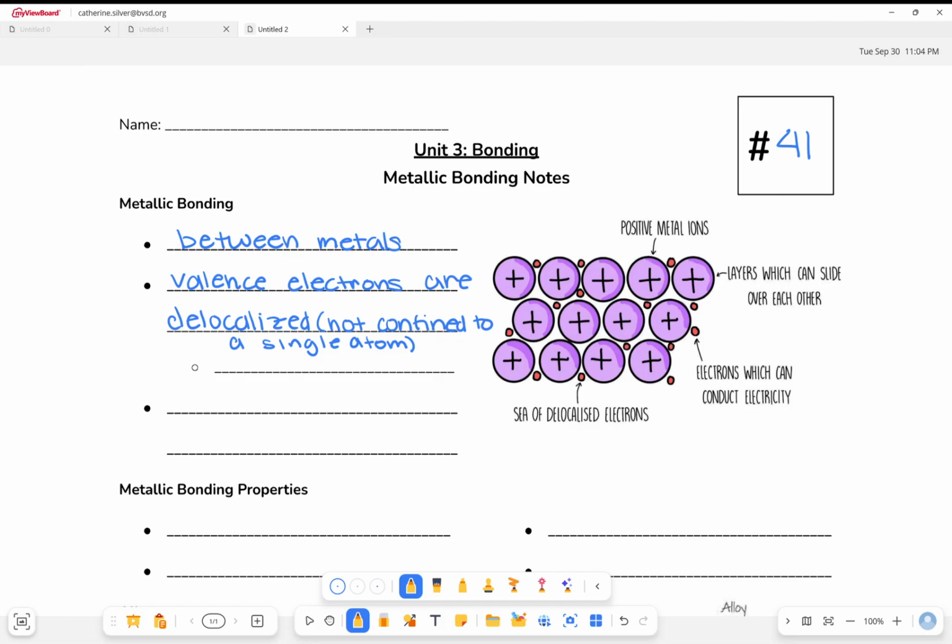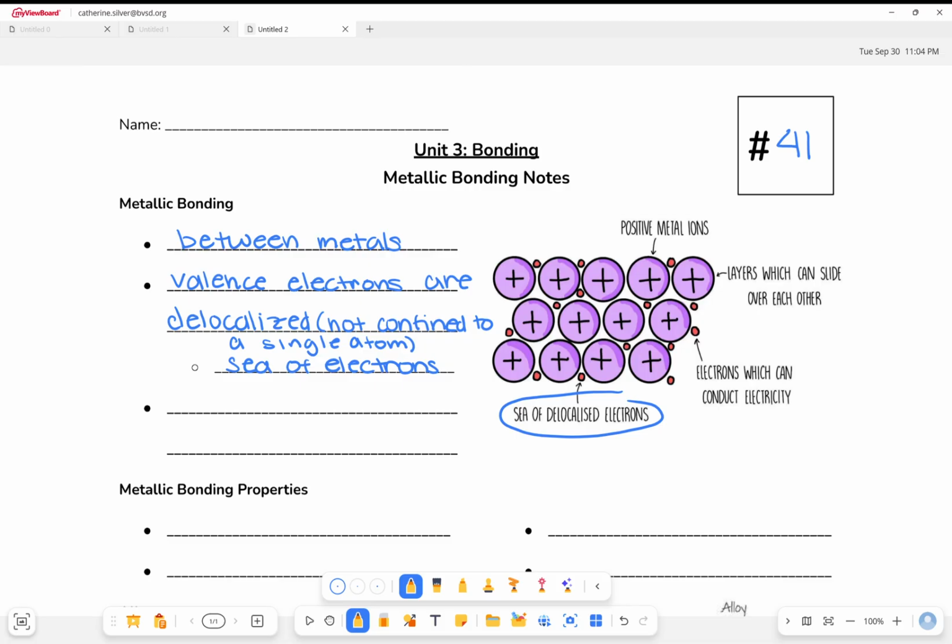So these electrons over here are electrons that are not confined to a single atom. So they can kind of move in between the different metal ions. What we call this is a sea of electrons, because they're kind of just moving. Kind of like if you had a fishy in a sea.